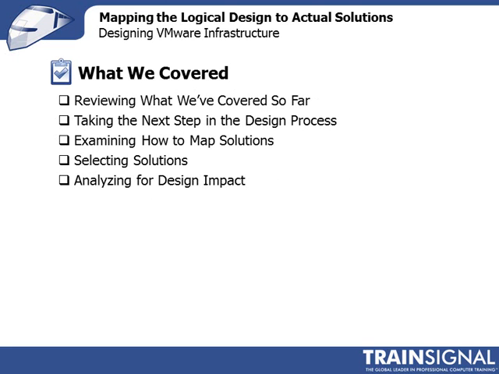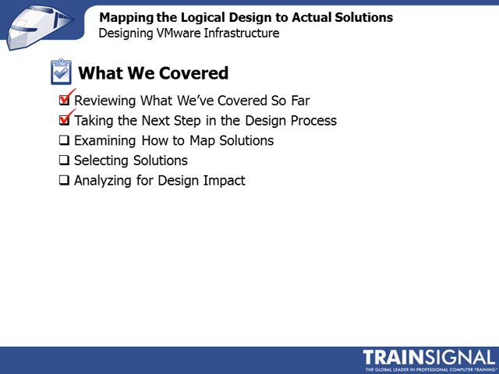This wraps up our turning point lesson as we now prepare to shift from logical design discussions into more detailed physical design discussions. I've introduced you in this lesson to the process of mapping the logical design to actual solutions. We started out with a review of what brought us to this point, the design factors, those being the requirements, risks, assumptions, and constraints, and the role the design factors play in creating the logical design, which we've been discussing up until this point.